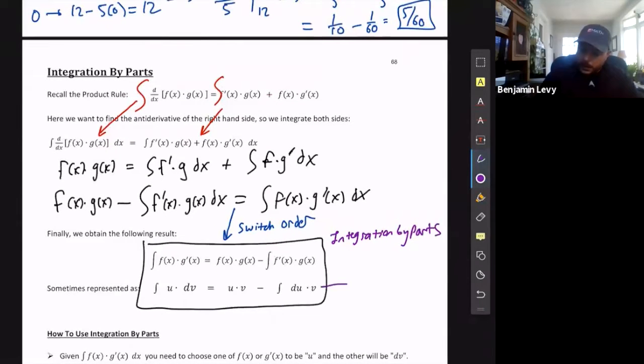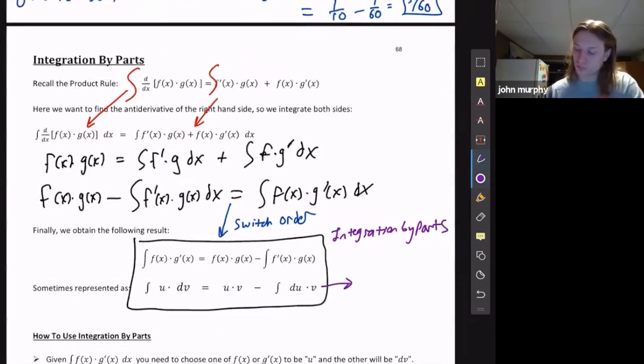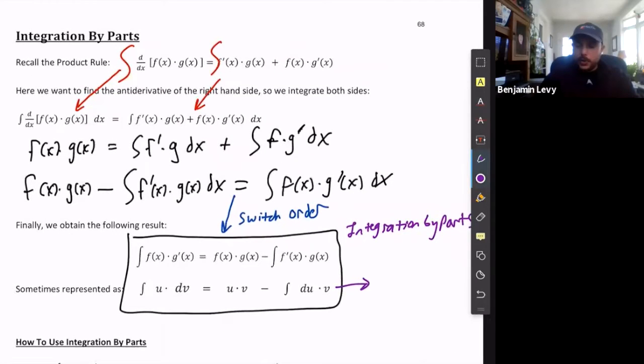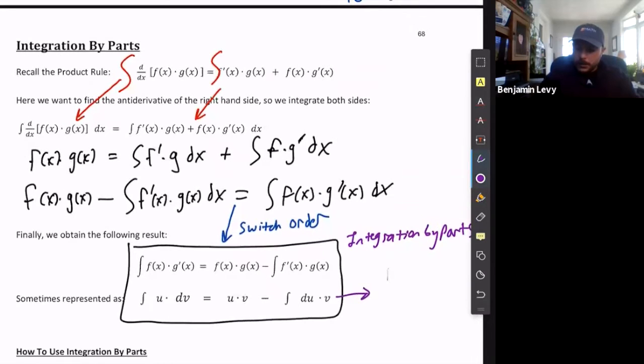And this thing down at the bottom, the u dv equals uv minus the integral of v du thing, that's shorthand for the thing above it. And I think once we do a couple examples, this shorthand will make more sense. But notice how it corresponds to the thing right above it.